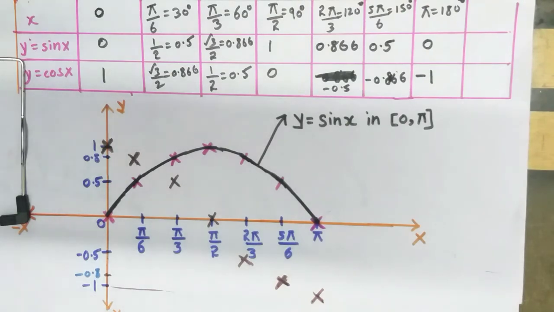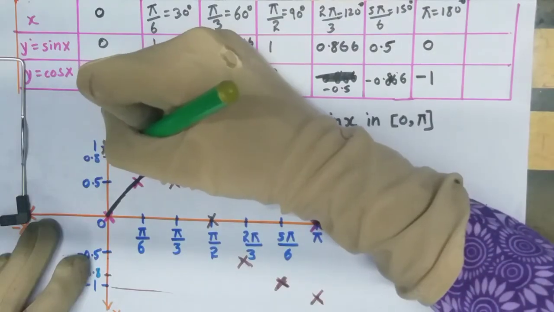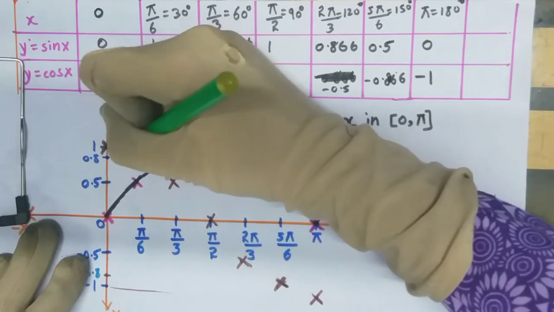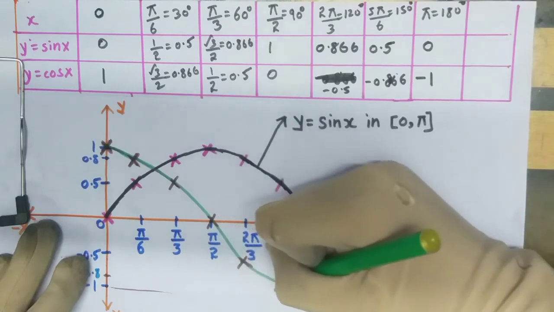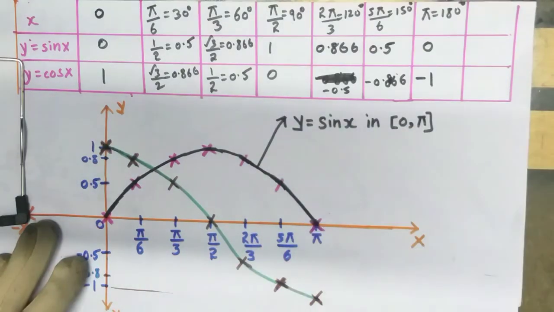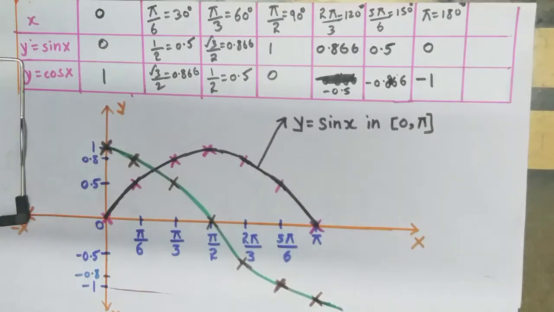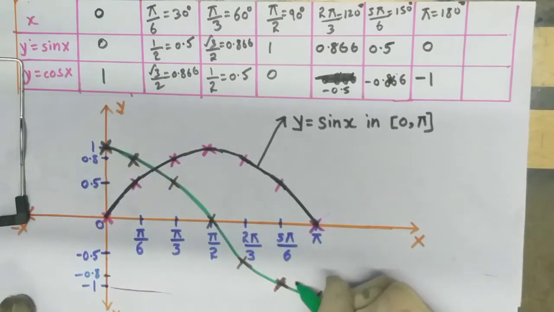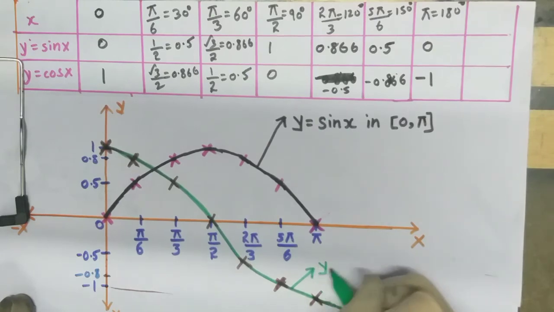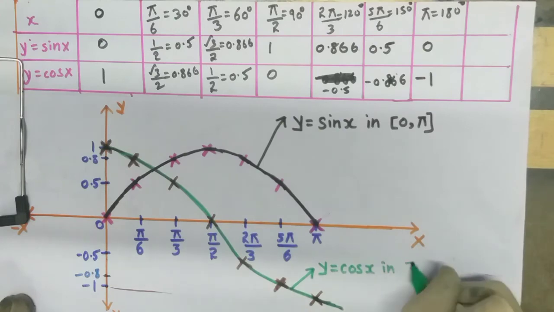Now quickly join all the points together. So this curve is for y is equal to cos x, we know, in the interval 0 comma pi. Y is equal to cos x in the interval 0 comma pi.